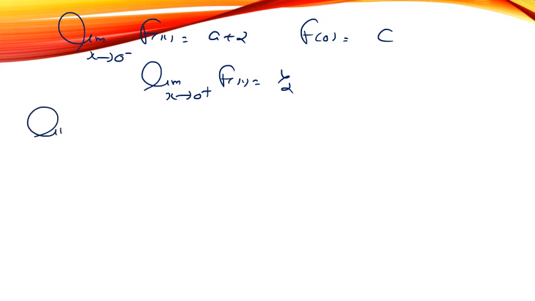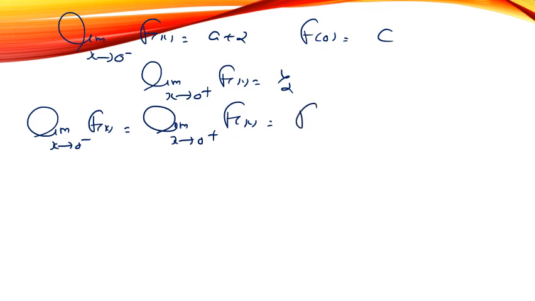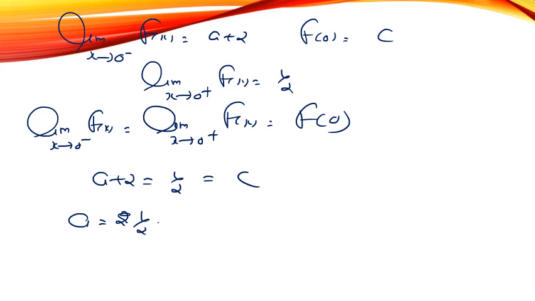So we can say that limit x tends to 0 minus f of x is equal to limit x tends to 0 plus f of x is equal to f of 0. Therefore, a plus 2 is equal to 1 by 2 is equal to c. So, a is equal to 1 by 2 minus 2. Answer is minus 3 by 2. C is what? 1 by 2. C is 1 by 2.